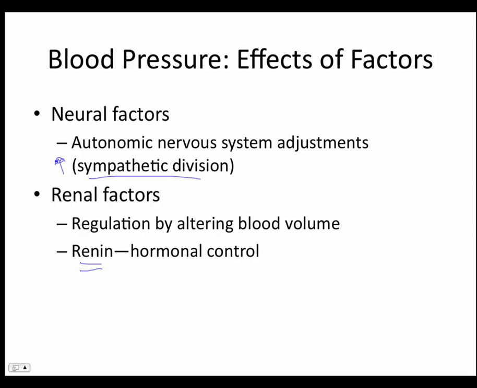Renin is going to alter your aldosterone levels, and aldosterone takes in more sodium, and in turn, water is going to follow. It's going to increase your blood volume and therefore increase your blood pressure. Anytime you have high blood volume, you're going to have a high blood pressure.